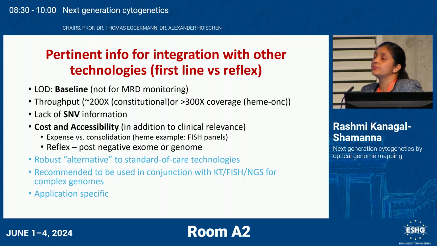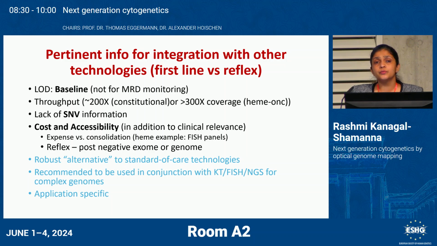But it's also important to remember, when we integrate different technologies together, that the LOD of the OGM generally makes it a baseline evaluation technology, which is fine for constitutional. When it comes to hem-onc, it's not appropriate for minimal residual disease, although it's technically feasible if you massively increase the coverage.